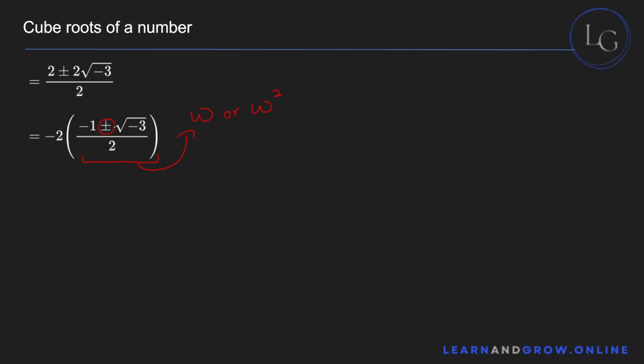If the sign is positive, this will be omega. If the sign is negative, this will be omega square. So this can be both. So this can be either minus 2 omega or minus 2 omega square. You just need to remember this particular expression, as this is equal to either omega or omega square depending on the sign used over here. So the cube roots of 8 are 2, minus 2 omega, and minus 2 omega square.